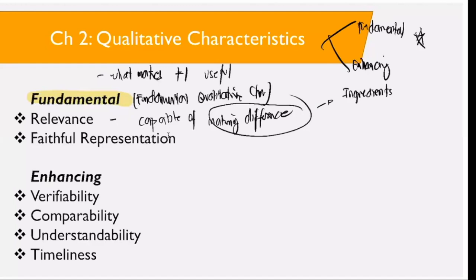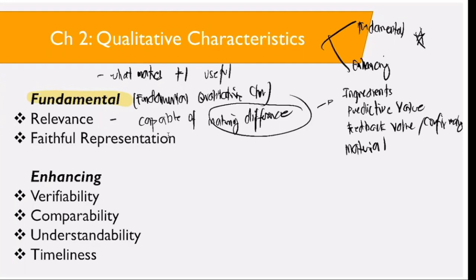First, we have your predictive value, feedback value, also known as confirmatory value, and then lastly, it must be material. So we can say it is relevant if the three items are present: predictive value, feedback value or confirmatory value, and then it must be material.